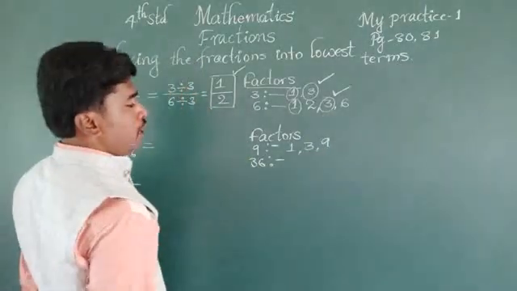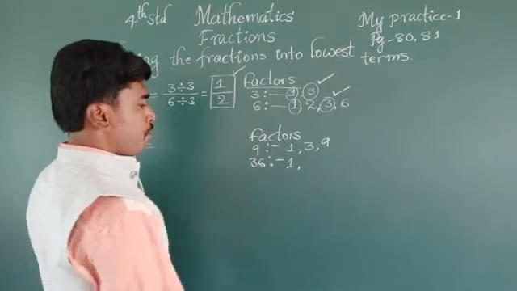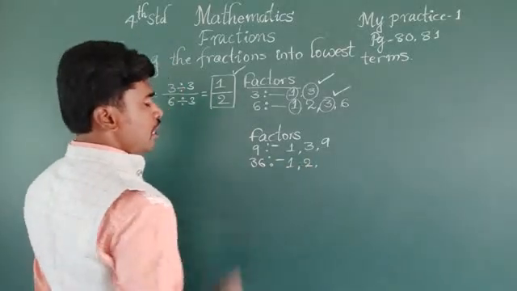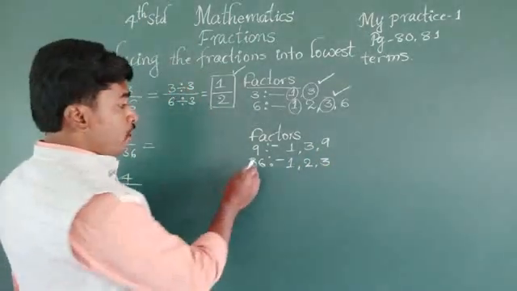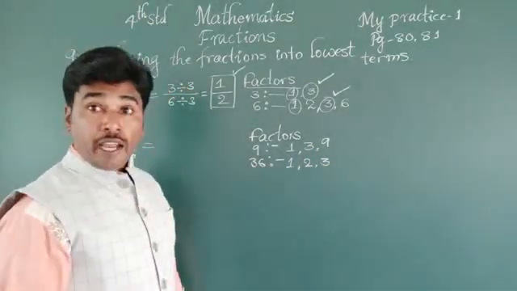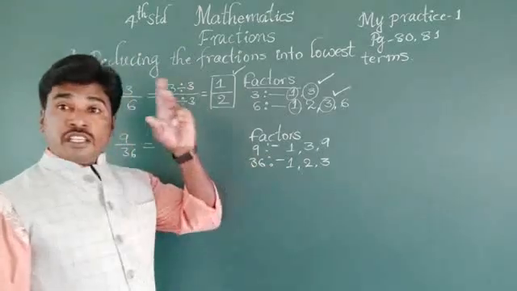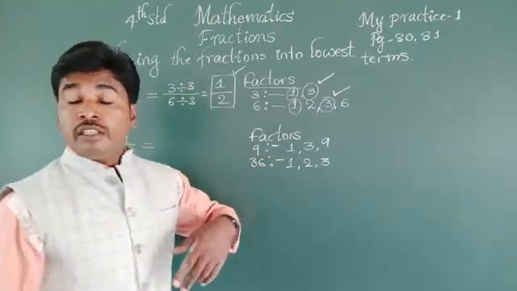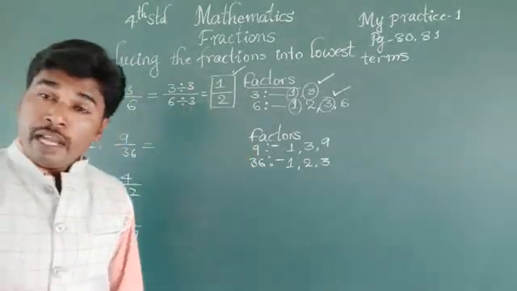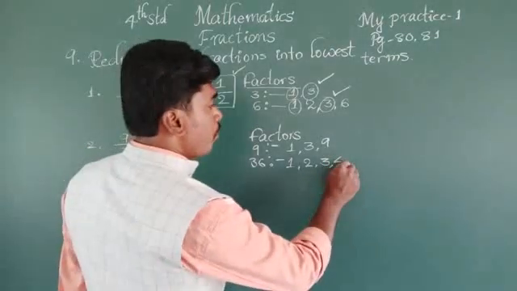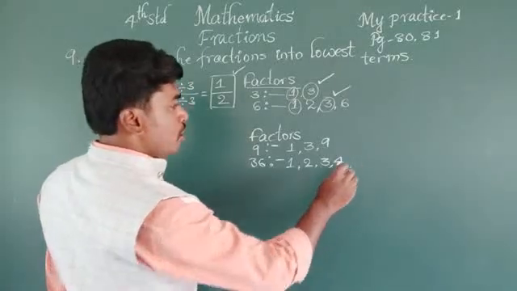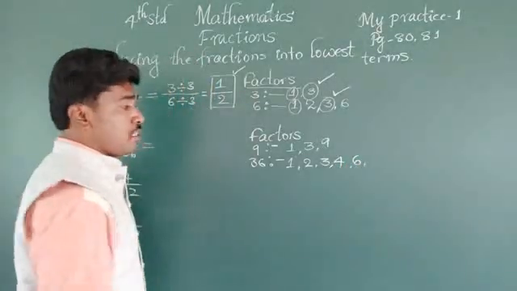So now come to 36. 1 divides, 2 divides because it is an even number. 3 also divides. What is the divisibility rule? 3 plus 6 is 9. If you add the digits and the sum is divisible by 3, then the given number is also divisible by 3. Then 4 also divides. 5, it is not. 6 6s are 36.